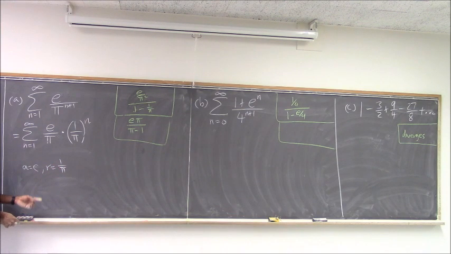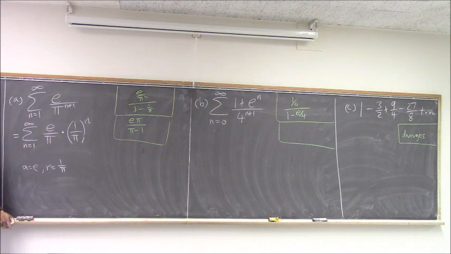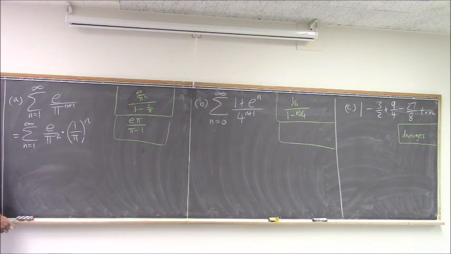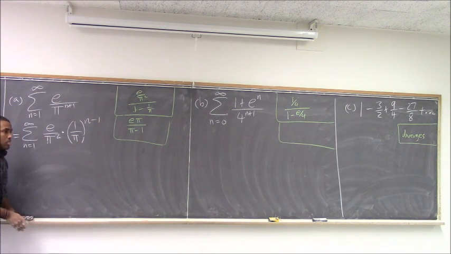Right, so if you plug that in here, you would get that. Yes. Not correct. Wait, for that one, isn't there supposed to be a squared on the pi, on the a? Like, isn't that supposed to be e over pi squared? So it's supposed to be a square? Yeah. And then you should have n minus 1 on the r.